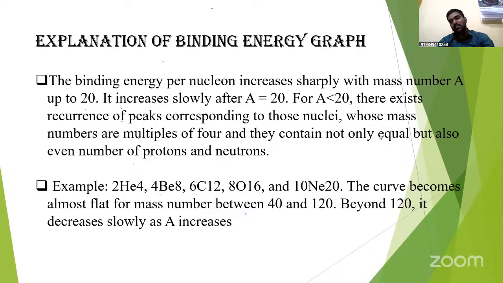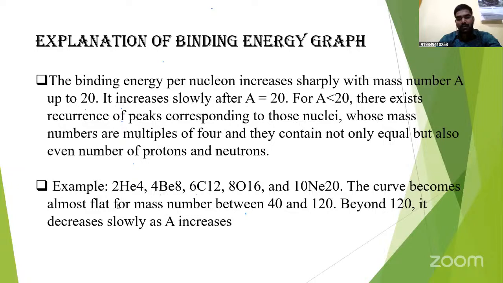They contain an even number of protons and neutrons. For example, helium 2, 4, beryllium 4, 8, carbon 6, 12, oxygen 8, 16, neon 10, 20.